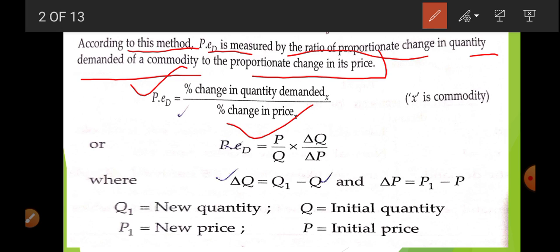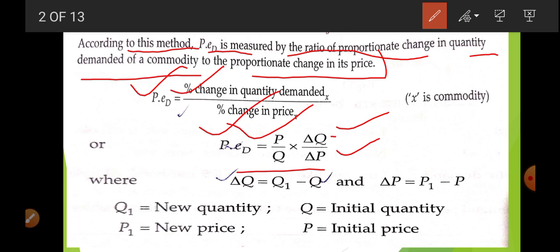Here x is the commodity. We can also write this equation as P upon Q multiply del Q upon del P. When the data is given in ratio or percentage, we use the first equation. If absolute values are given, then we use this equation.